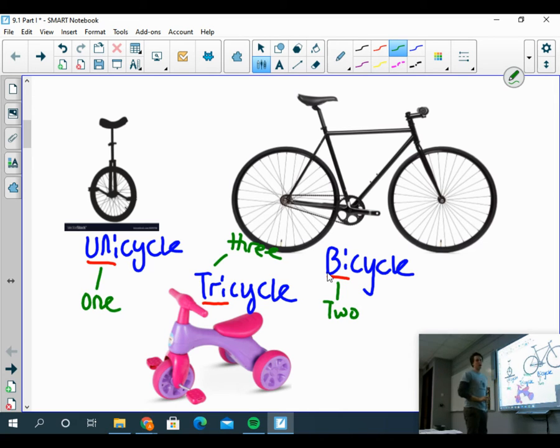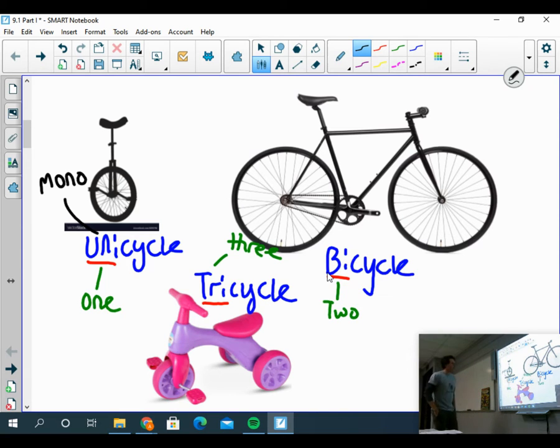Again, you're probably still scratching your head going, why are we talking about bicycles, tricycles, and unicycles and prefixes? That's an English topic. Well, you're correct. Bear with me for one more moment, though. See if you can think of a prefix that's not uni, that starts with the letter M, that stands for one. If you think about it, hopefully you came up with mono.